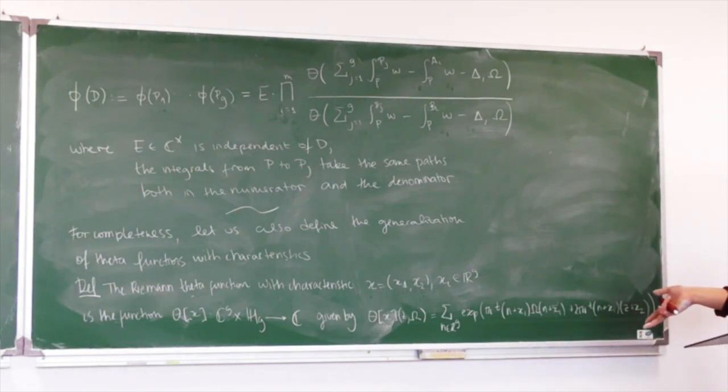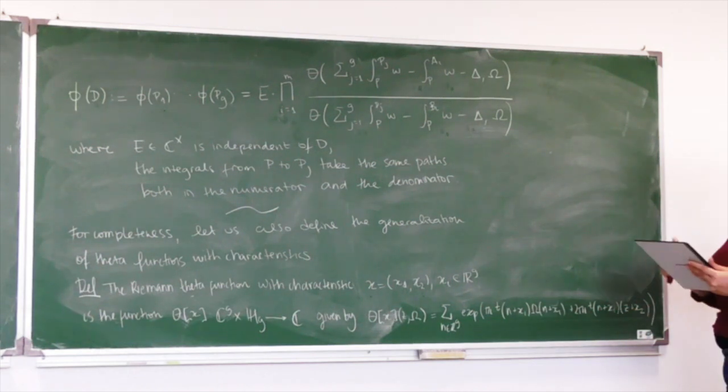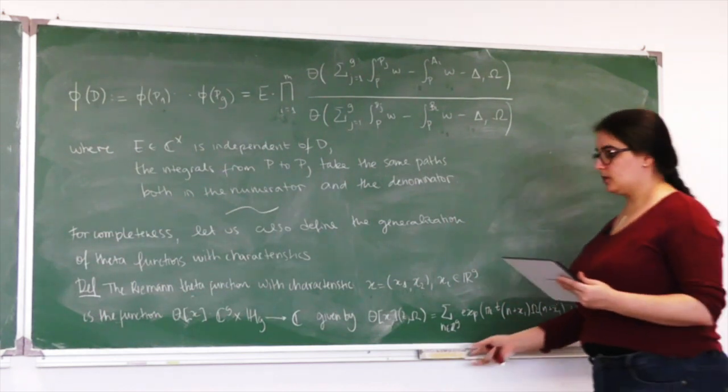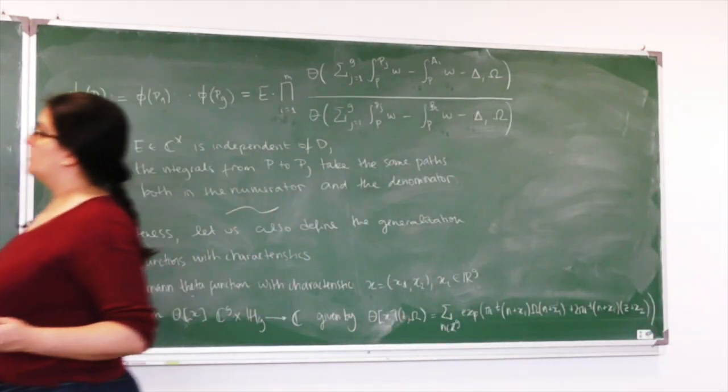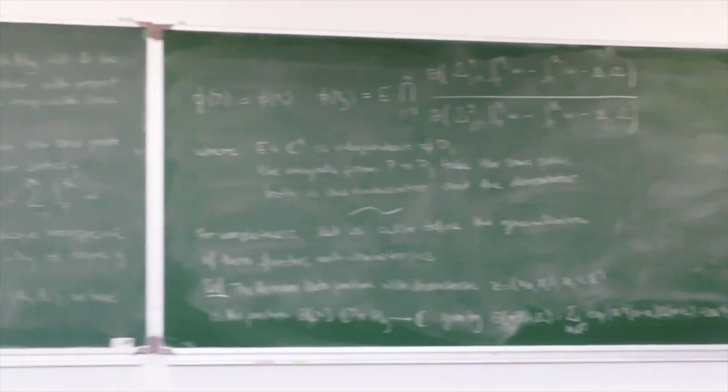And as it happened in the dimension 1 case, this is just a translation and multiplication by an exponential term of the original Riemann theta function, and it is quasi-periodic for the lattice given by the period matrix omega.